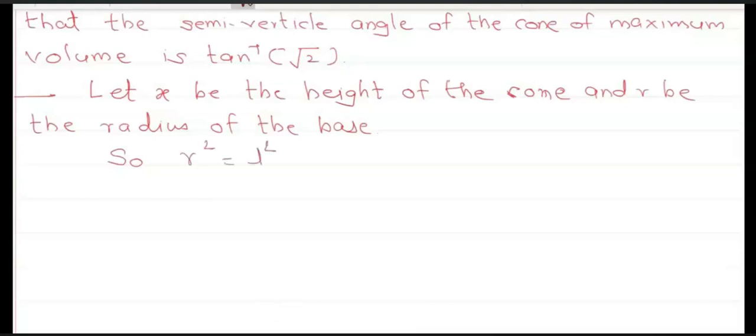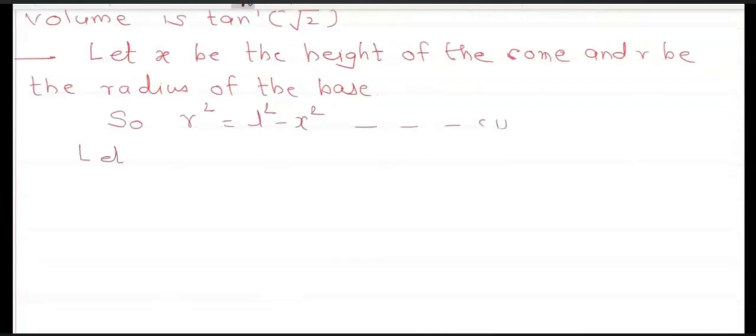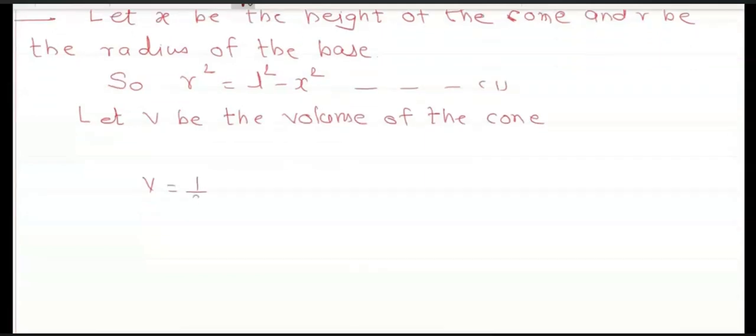So r square equals L square minus x square. This is equation number 1. Let V be the volume of the cone. V equals 1 upon 3 pi r square into x.